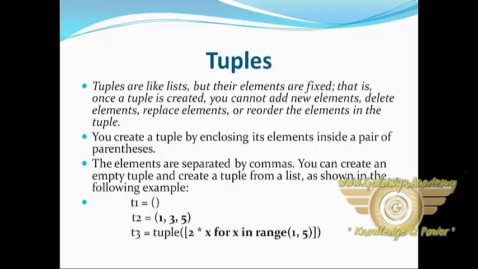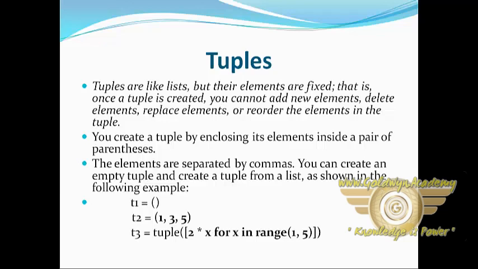If the content of a list in your application should not change, you can use a tuple to prevent elements from being added, deleted, or replaced accidentally. A tuple is very much like a list except that its elements are fixed.